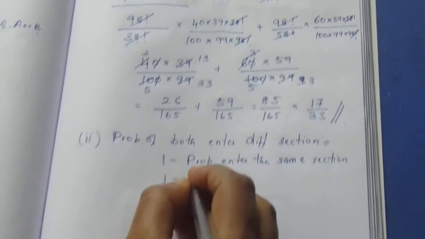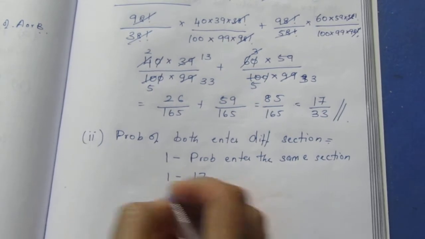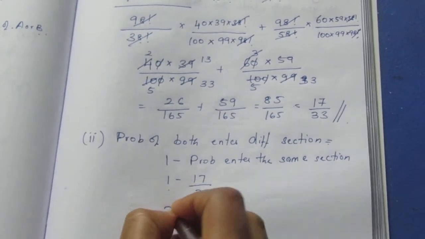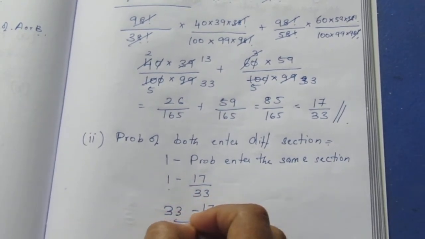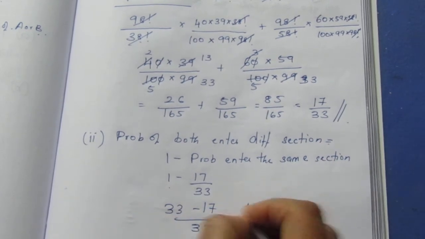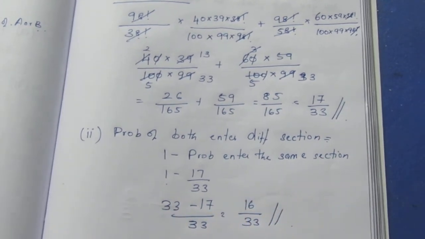So 1 minus 17 by 33 becomes 16 by 33, which is your final answer for the sum.